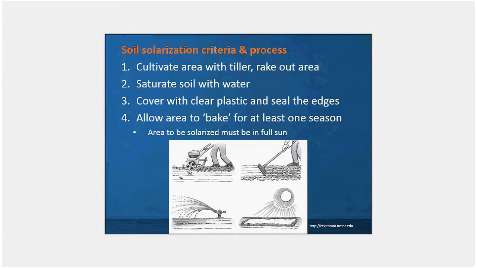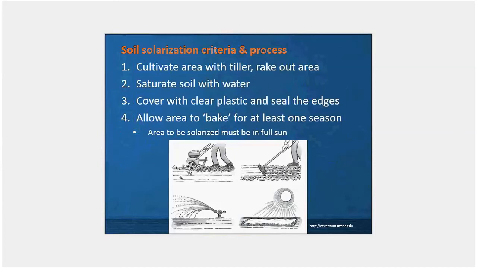When we want to solarize our soil, I will just say it works better if you are down in the southern portions of Illinois as opposed to northern portions, simply because it gets warmer down there, and there's a longer season for that area to bake. If you're interested in trying soil solarization, the first thing you want to do is cultivate the area with a tiller. Work it up really well, and then rake out the area.